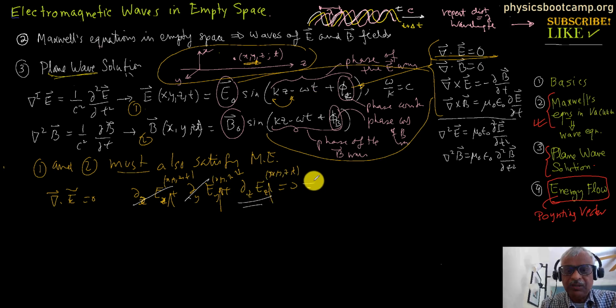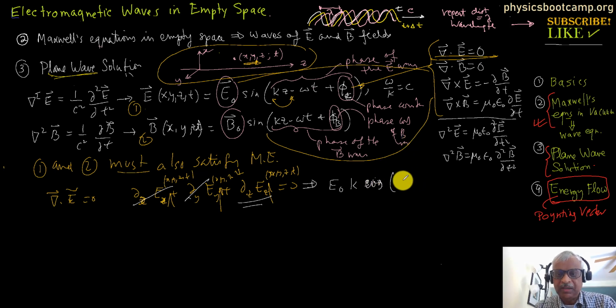And you do this out and you notice that dz, so you have e0, e0 k, sine becomes cosine, kz minus omega t plus phi e, equal to 0.